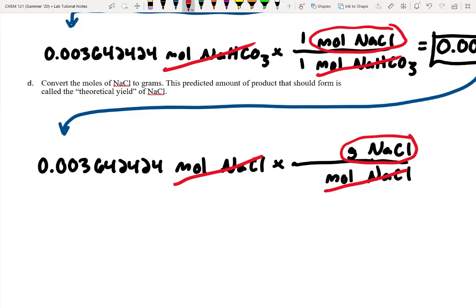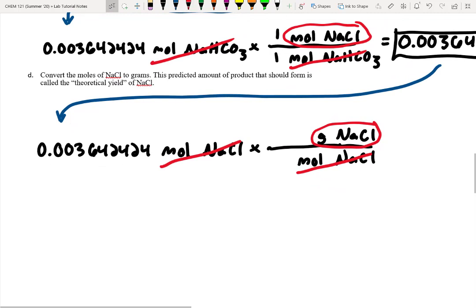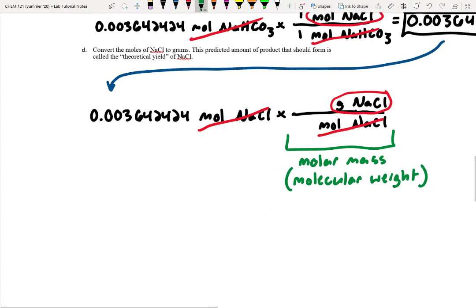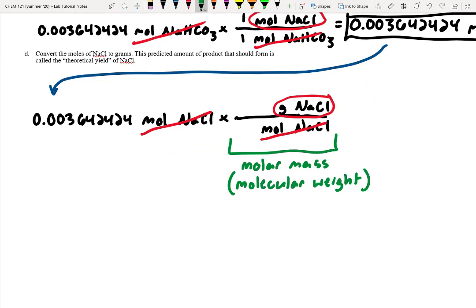Okay, so in order to do this, we need to find the molar mass of sodium chloride. Oftentimes, the molar mass is the same thing as, or analogous to, the molecular weight. Okay, I'll just put it like this, that way it's not confusing. So let's do the molar mass of NaCl over here, just in the margins.